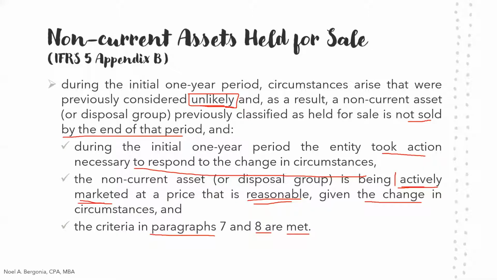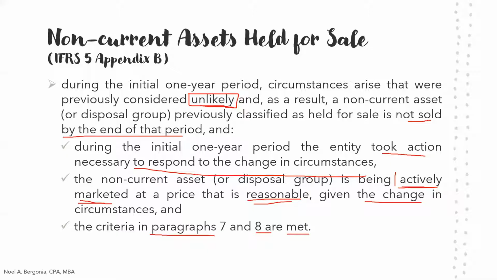It still needs to meet our requirements under paragraph number 7 and 8 of the same standard. If you do have questions, please let me know. So that's more on the held for sale.